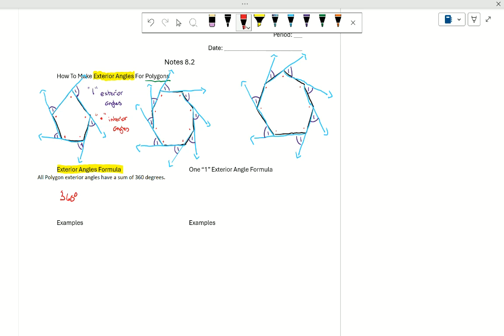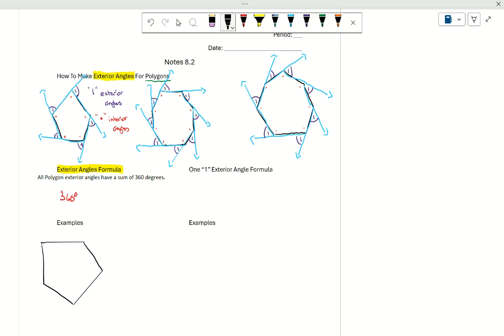Okay, that's super cool. All right, so watch this. Why is that important? Here's where we would use this. So here's my shape. 1, 2, 3, 4, 5.